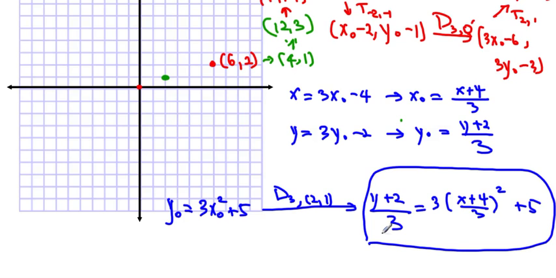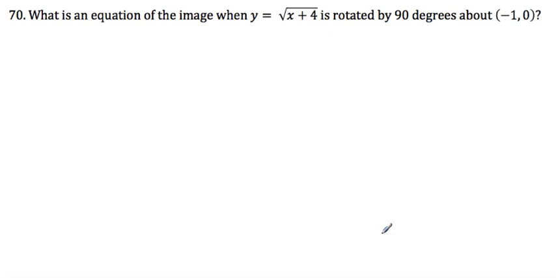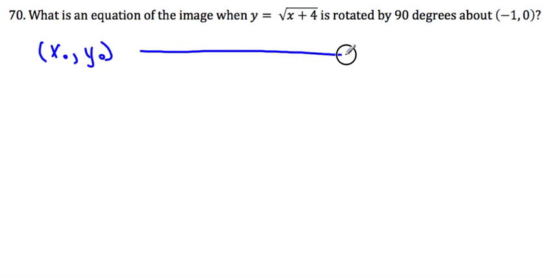Alright, let's move on to the next question. Number 70. What is an equation of the image of this after rotating about (negative 1, 0)? Once again, we need to know the general rule. This time I'm just going to continue doing it instead of drawing an example. Here we're going to rotate 90 degrees about (negative 1, 0).